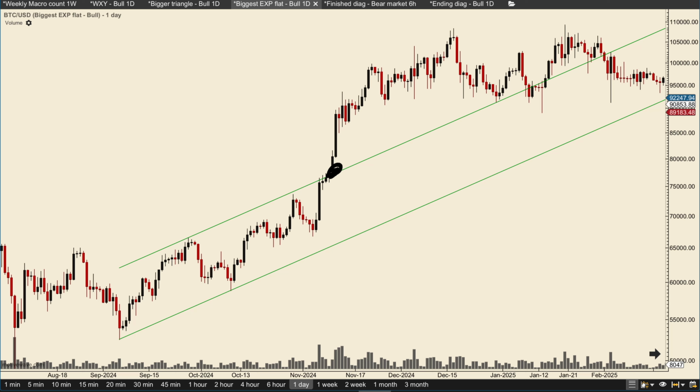You can also see that the volume increased with the breakout. So the breakout happened here, and here the volume went up.